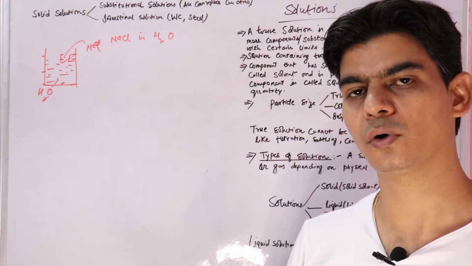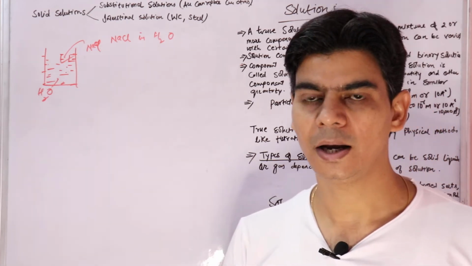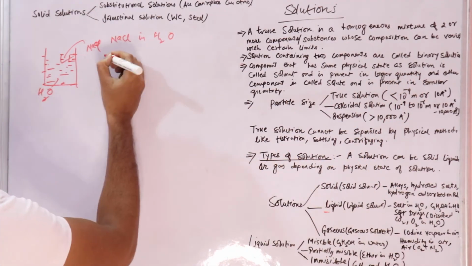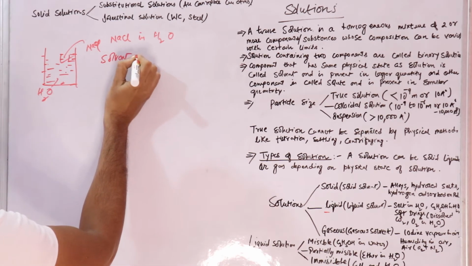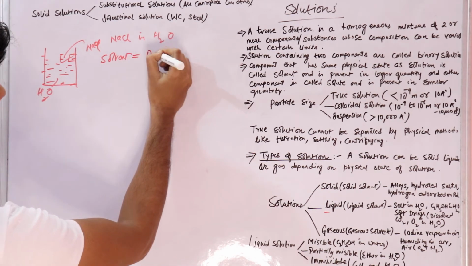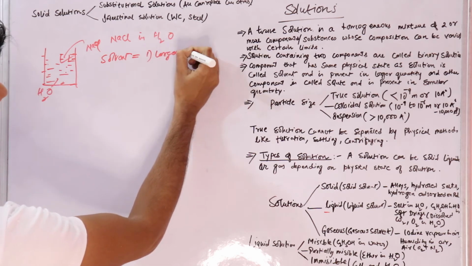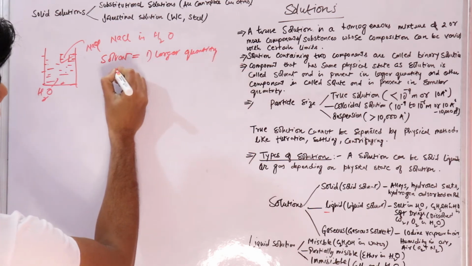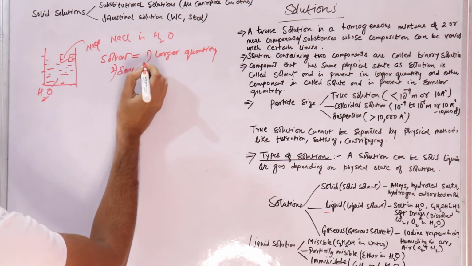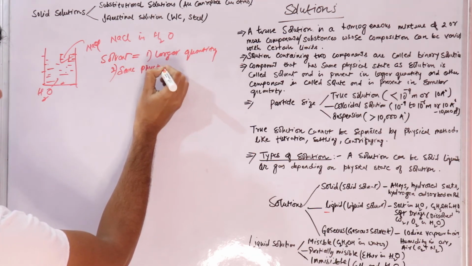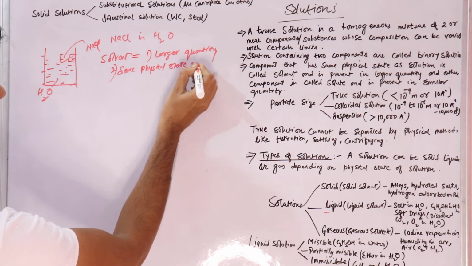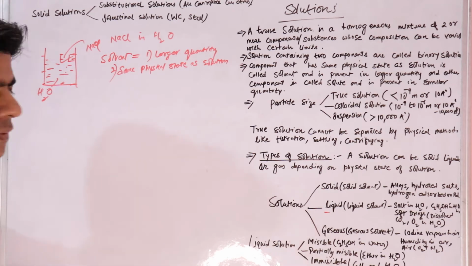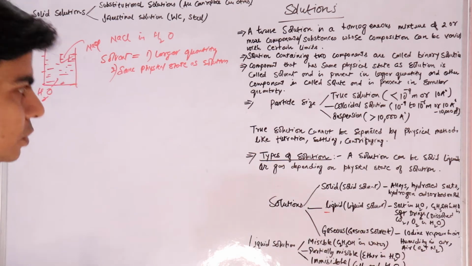So there are two things about the solvent: it is always in larger quantity, and it is in the same physical state as the solution. We will understand this point as we go through the other types of solutions.